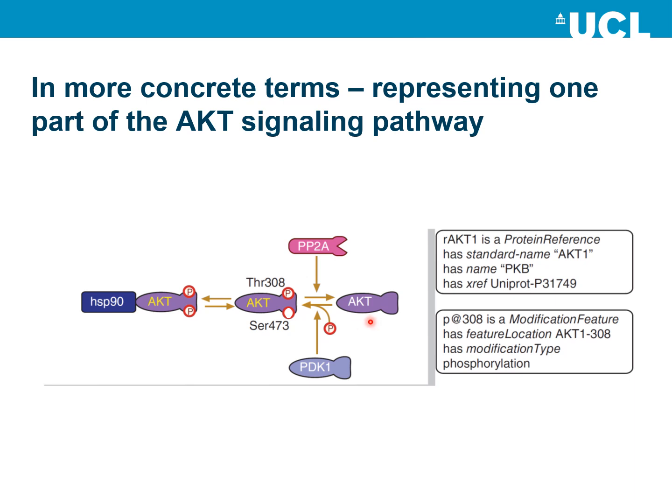So AKT is a protein, and it's a signaling molecule. There are other proteins, other enzymes which phosphorylate it. So PDK1 can phosphorylate AKT1 and add a phosphate to threonine 308, which is one of the amino acids in the protein.